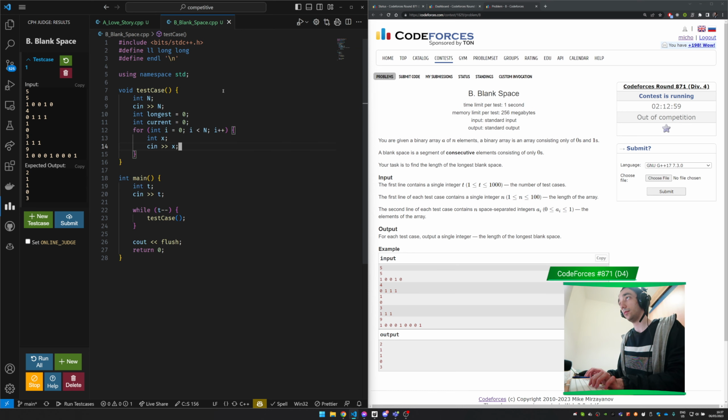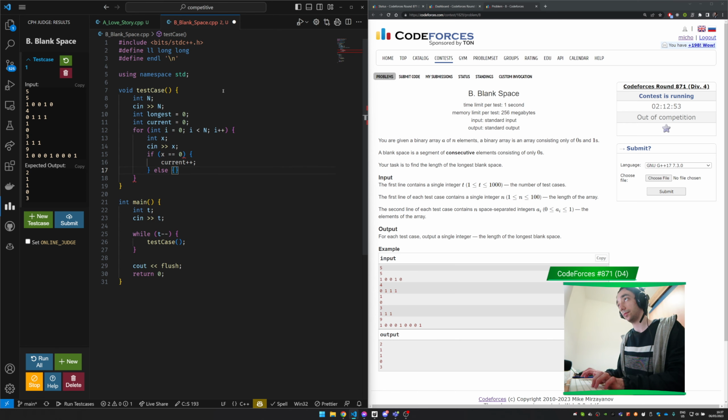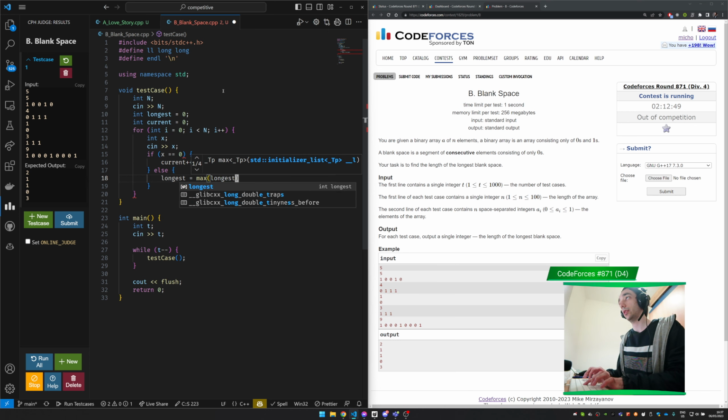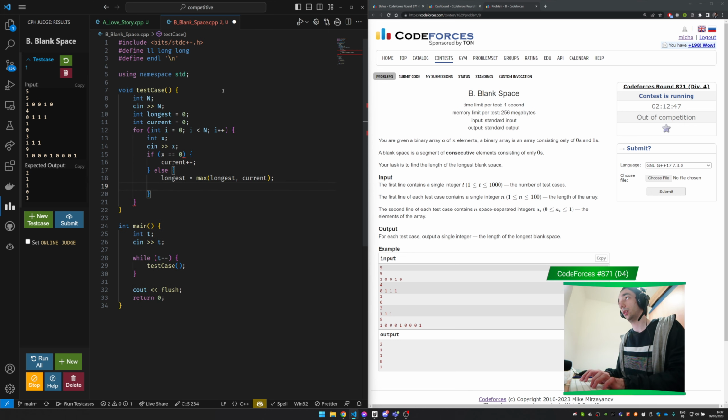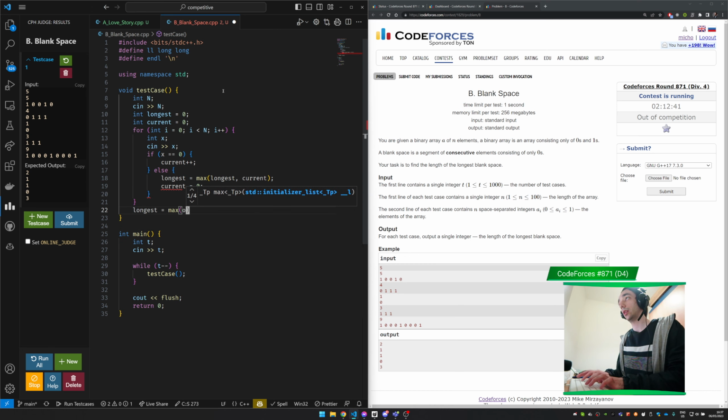If x is 0, then current plus, else longest is max of longest and current, and current to 0. Now one more thing you have to check at the end as well.